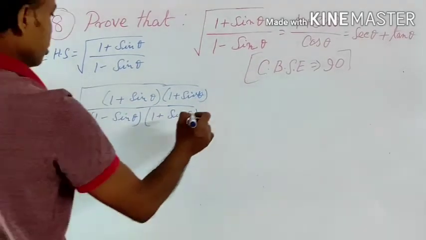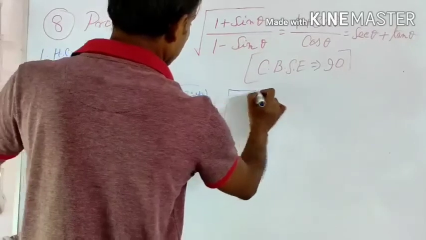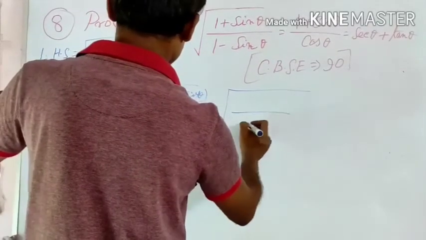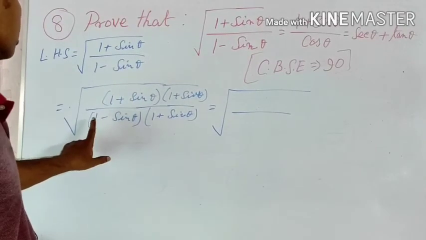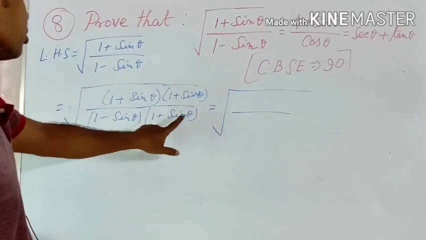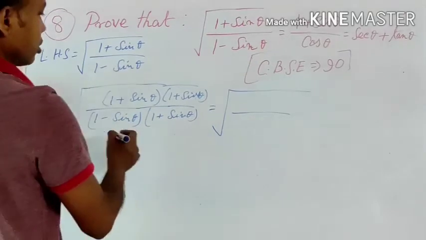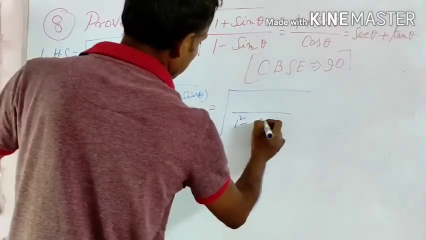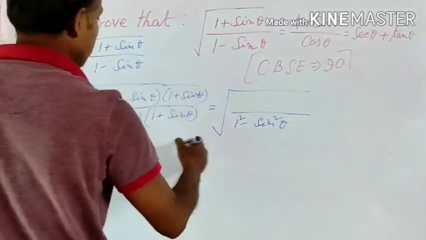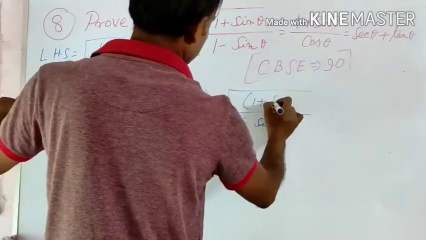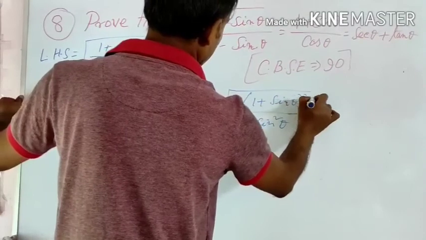That is equal to root over, this is a square minus b square, that is a plus b into a minus b, that is a square minus b square, that is 1 square minus sin square theta, and 1 plus sin theta whole square.